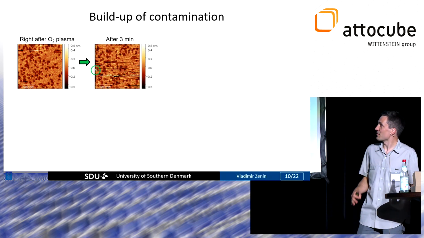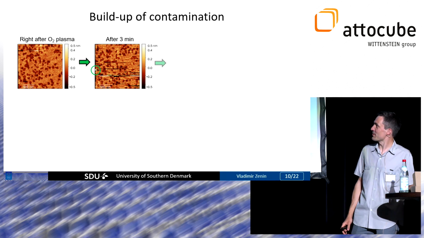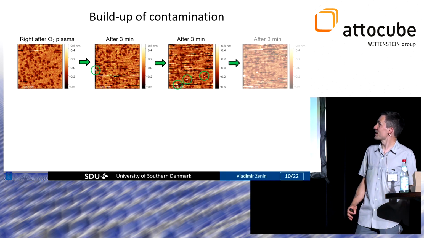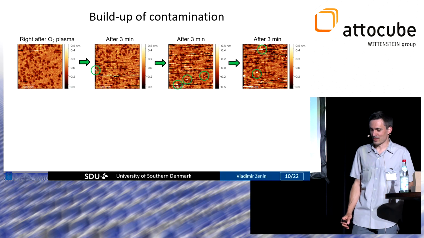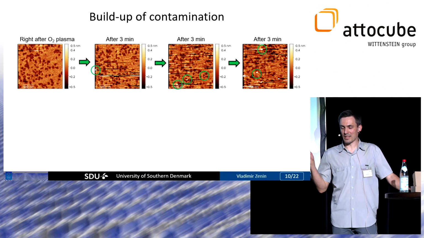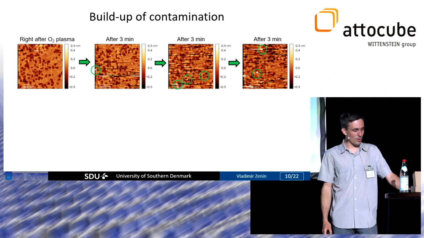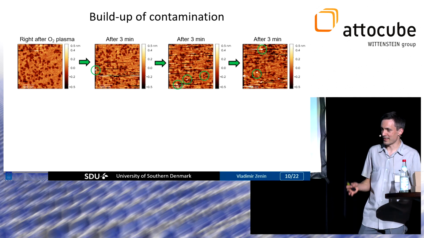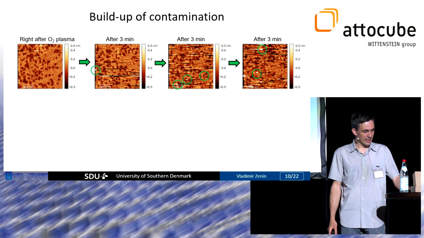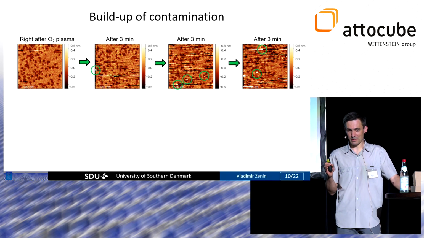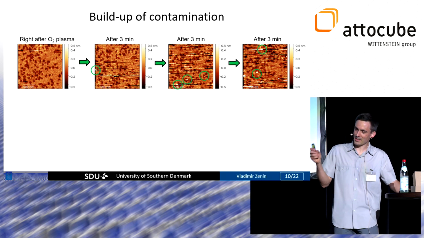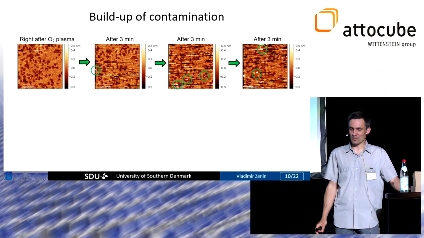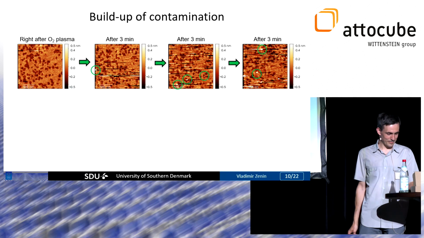The next scan, roughly 3 minutes later, started to show some small defects, and then more and more defects. Everything is in ambient conditions, of course. Probably you could get better results in vacuum, it would hold longer, but in ambient, the contamination grows really fast, within minutes. Therefore, if anyone except me wants to put something on top of gold flakes, it's better to do it in a glove box.